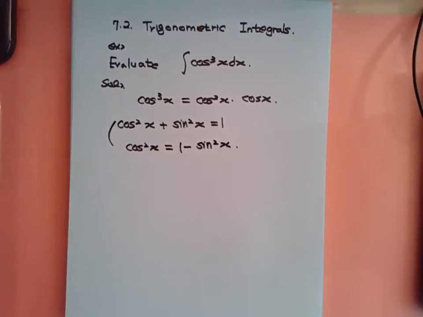Then the expression will be a combination of sine and cosine. And we know that when we differentiate sine, we get cosine, which means maybe we can use a substitution method.